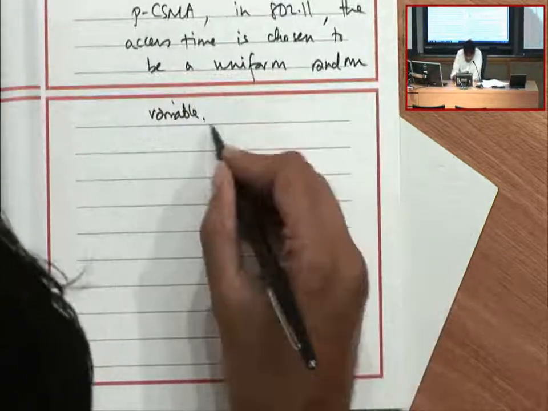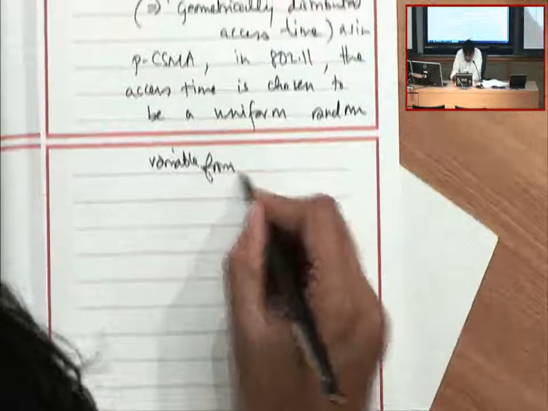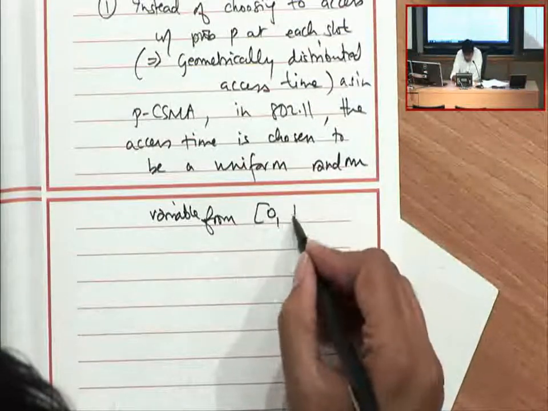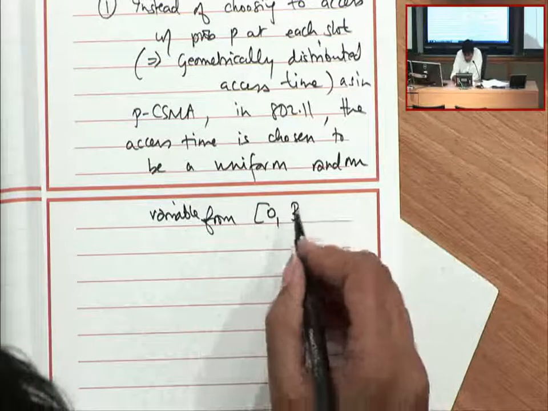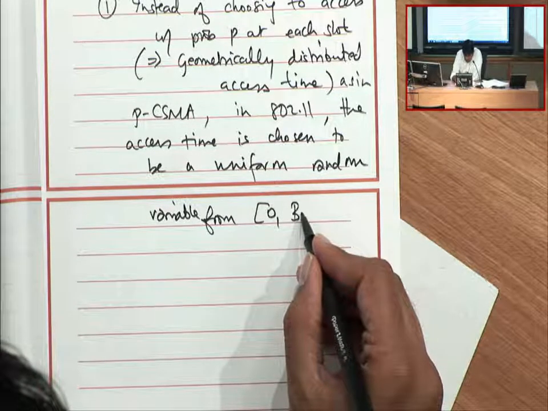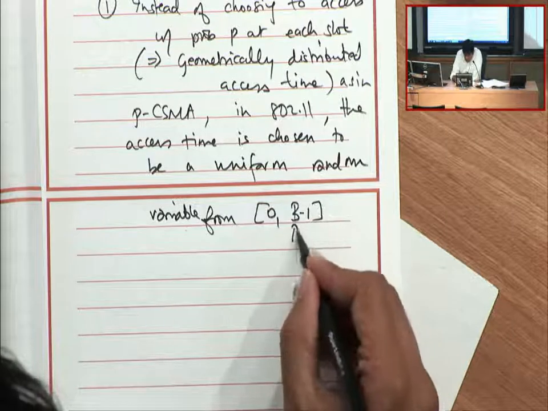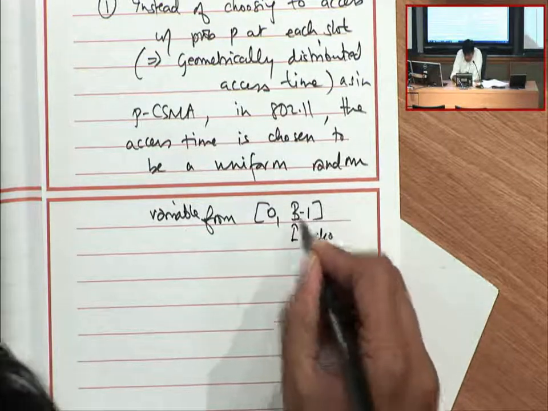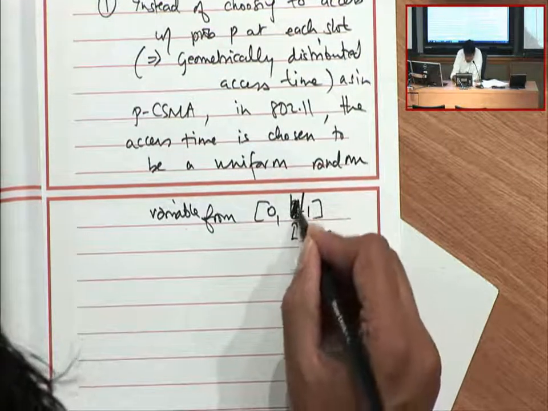So a uniform random variable is chosen from the interval 0 to some maximum, where W is called the back-off window.